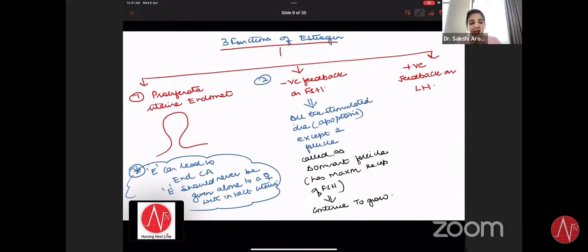This single follicle did not die because it had maximum receptors of FSH. And this dominant follicle will continue to grow. So Shabnam, have you understood? Yes, Shabnam, you had asked me to repeat. Did you understand? All of you, show me a thumbs up if you've understood this.